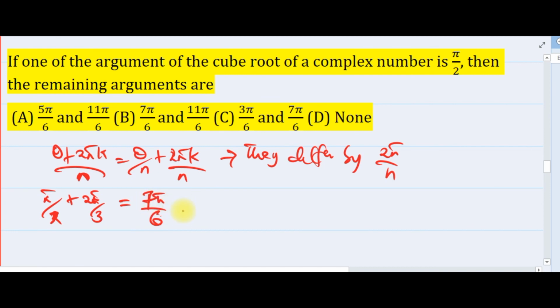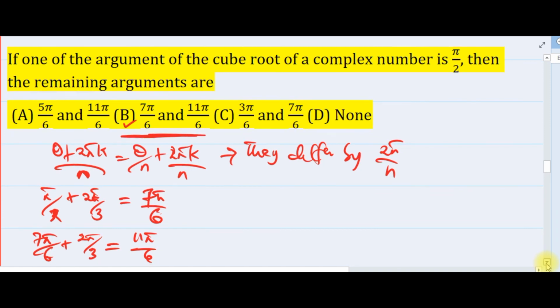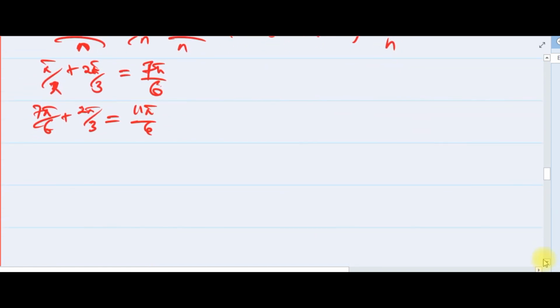So one of them is 7 pi over 6, and the next is 7 pi over 6 plus 2 pi over 3, which is 7 pi plus 4 pi, 11 pi over 6. So the answer is this: 7 pi over 6 and 11 pi over 6. So each of the arguments differs by 2 pi over n. Very, very important. The next question.